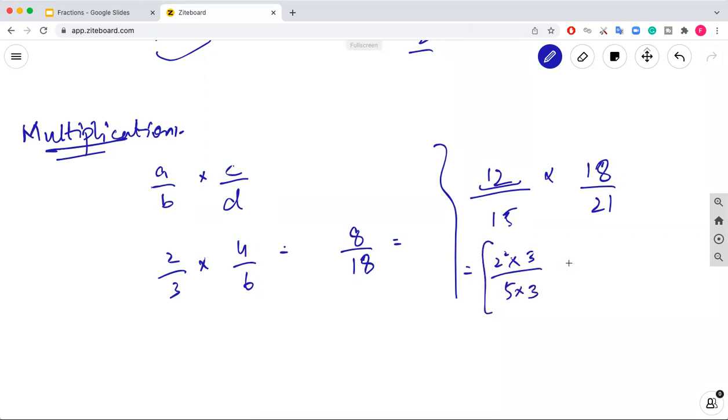Just prime factorize first, remove whatever common terms there are, and in the end you will get a very simplified form of the multiplication. When you have very small values, it doesn't matter, just multiply straightforwardly. But when you have bigger values, first perform the prime factorization and then proceed further.